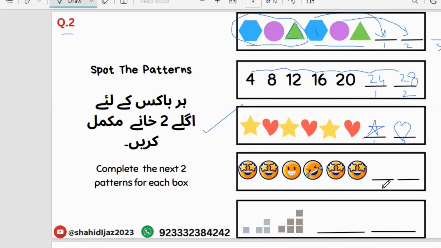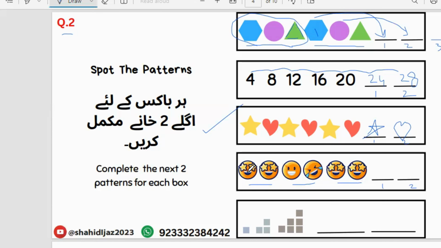Can you predict which shapes will come on these positions, first and second? Sir, first is this.